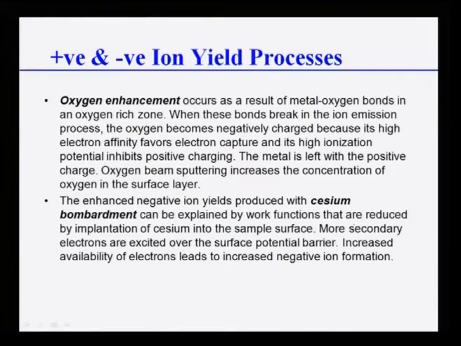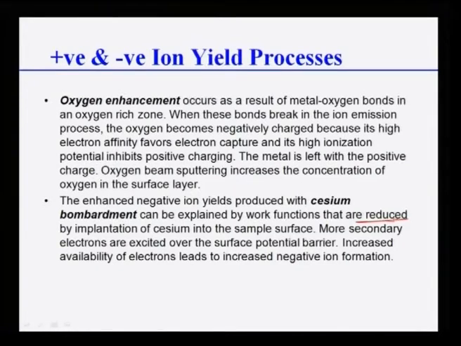So oxygen beam sputtering increases the concentration of oxygen in the surface layer. That is possible because oxygen first bonds with the metal, then the bond breaks, the oxygen ion remains there, and the metal ion comes out. Enhanced negative ion yield is normally produced by cesium bombardment, and this can be explained by the work function being reduced by implantation of cesium into the sample surface.